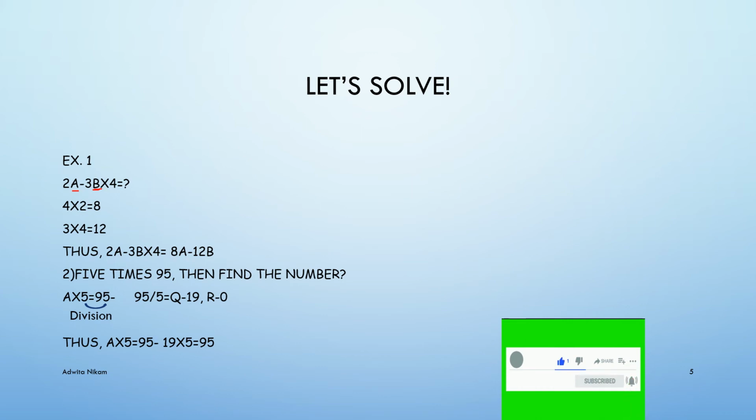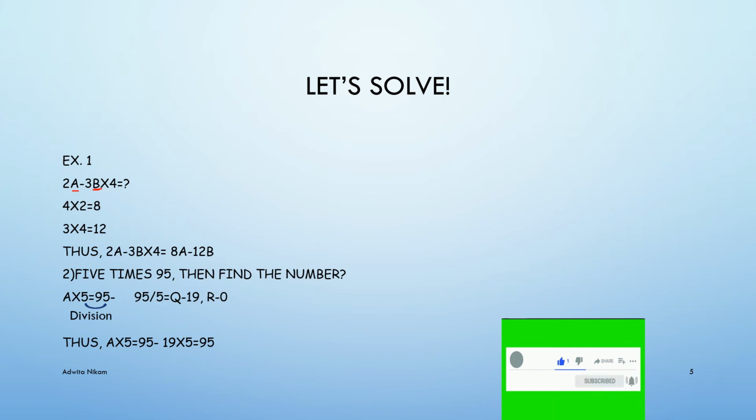So 4 multiplied by 2 is 8, and 3 multiplied by 4 is 12. Thus, 2A minus 3B multiplied by 4 is equal to 8A minus 12B.